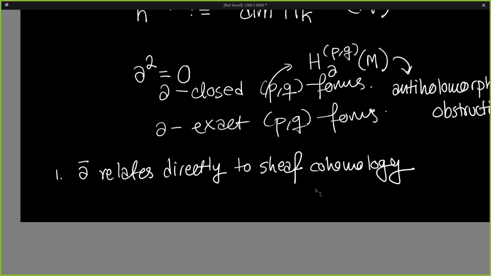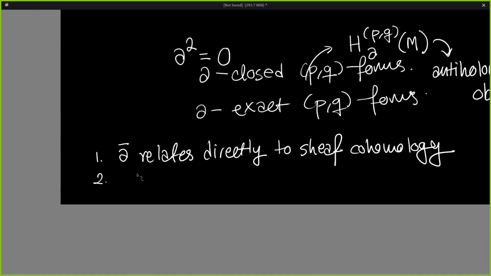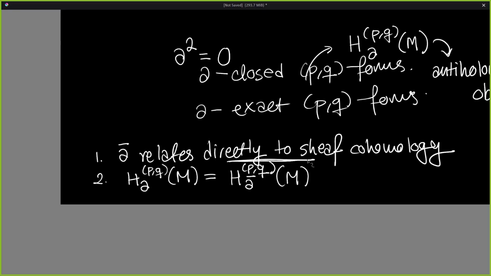I thought we would at least state it in this lecture. Number two, this is true: H^{p,q} partial of M is equal to the complex conjugate of H^{p,q} partial bar of M. So remember, these are collections of forms.